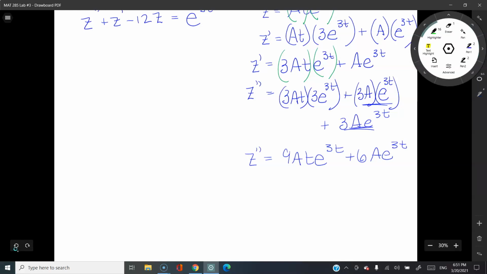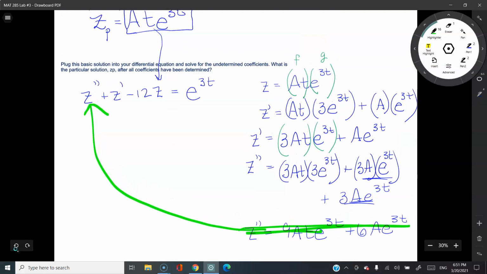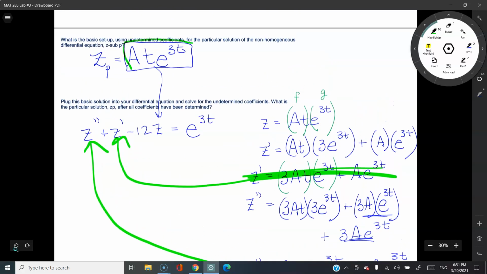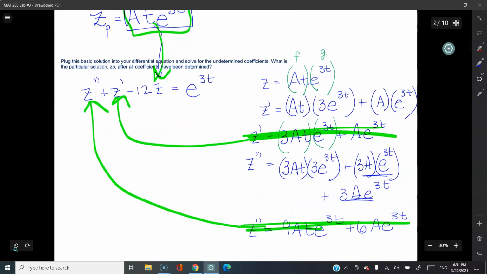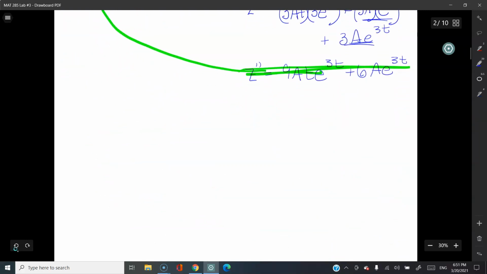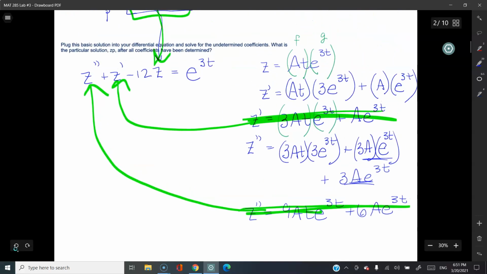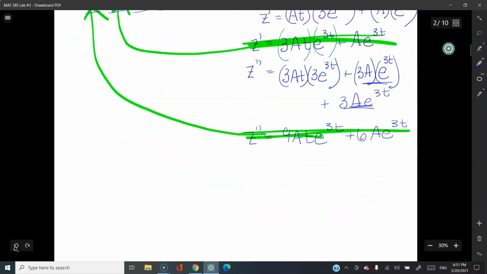We are now going to take z double prime and plug it in here. We are going to take z prime and plug it in here. And we are going to take our z and plug it in here. And then do some crazy simplifying and see where we're at. And this is going to take a couple minutes. And one way you might want to consider doing this, instead of writing it out linearly, is to stack it.